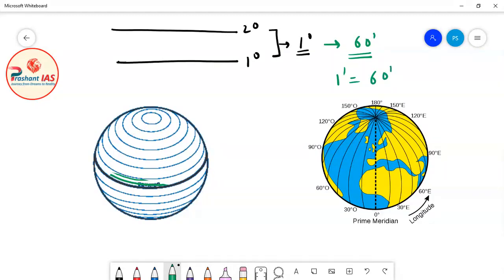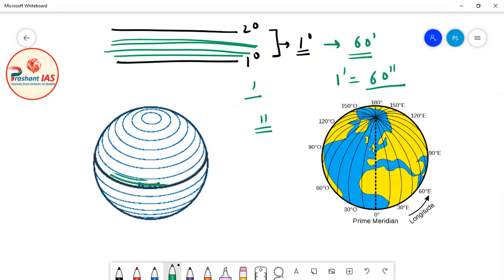This 1 dash represents minutes and these 2 dashes represent seconds. There will be 60 minutes between these two latitudes, and between 1 minute and 2 minutes there will be a further 60 seconds.